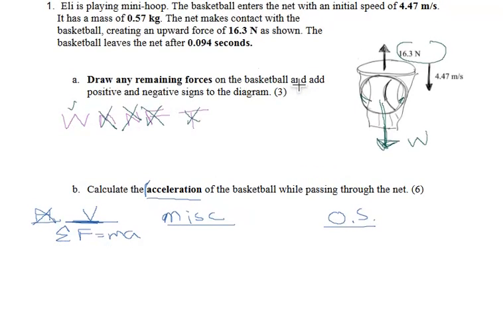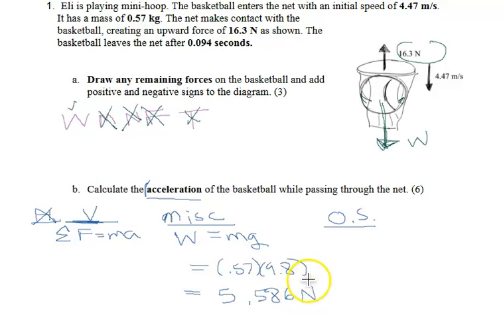We know the mass of the basketball, so let's use our miscellaneous column to calculate the weight. 0.57 kilograms times 9.8 meters per second squared gives you 5.586 newtons of weight. Okay, so that's great. You're going to need that no matter what. So that's awesome. We have that.